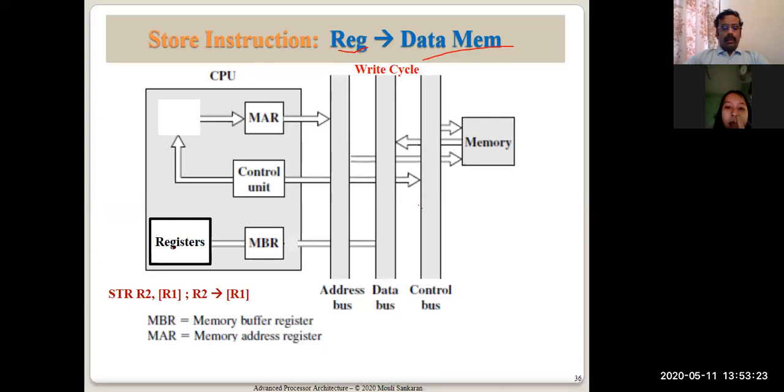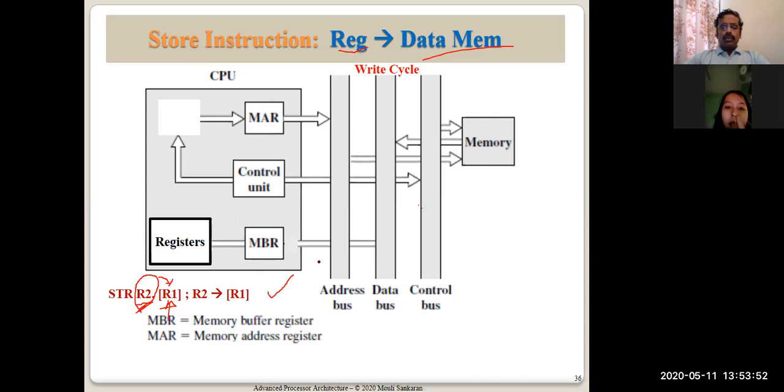Now let me show you the instruction. It is a store instruction. The value in R2 should go into the memory whose address is in R1. That means the address of the data memory is in R1, and at that address we want to write the result which is available in R2.